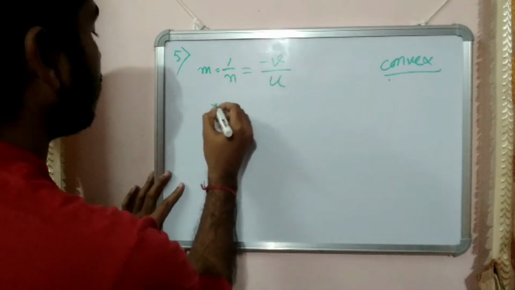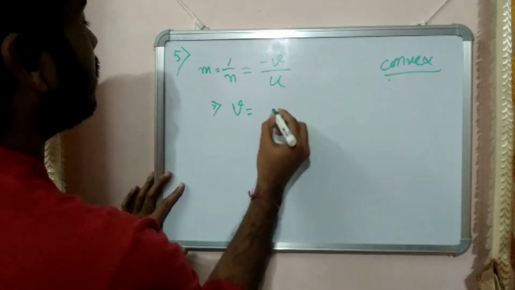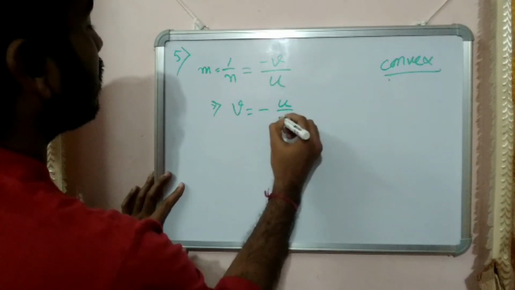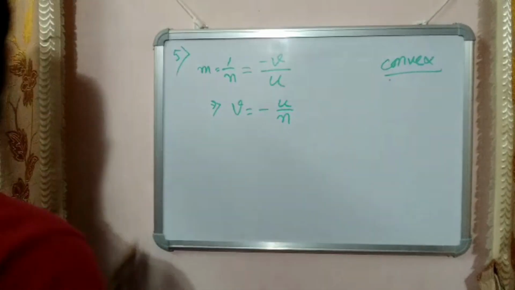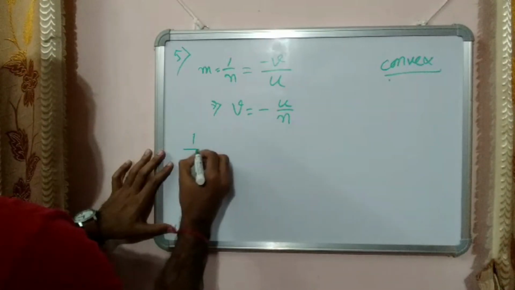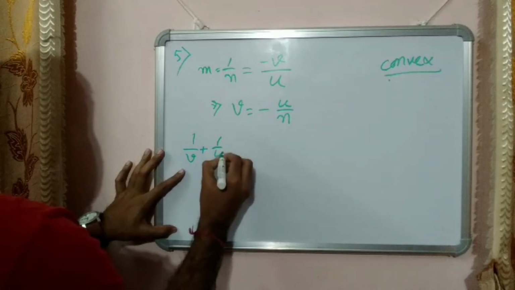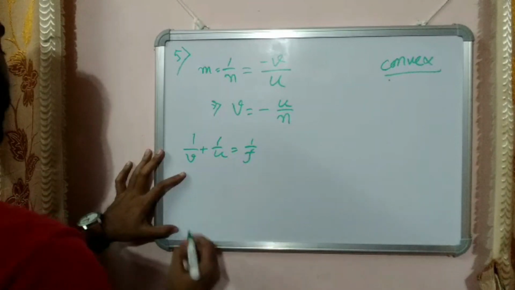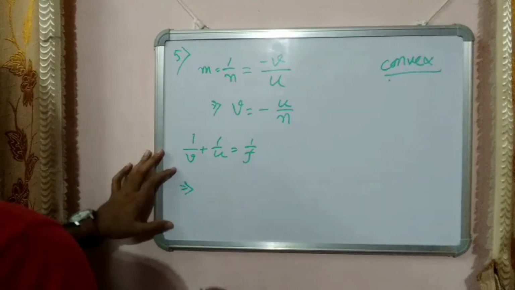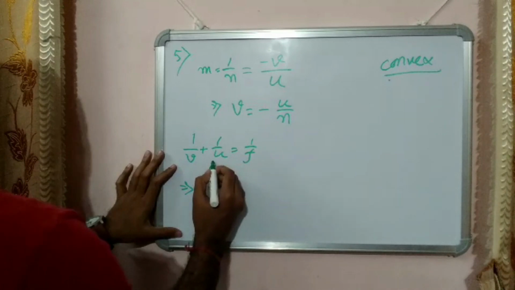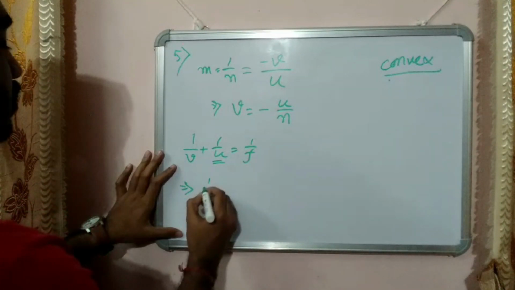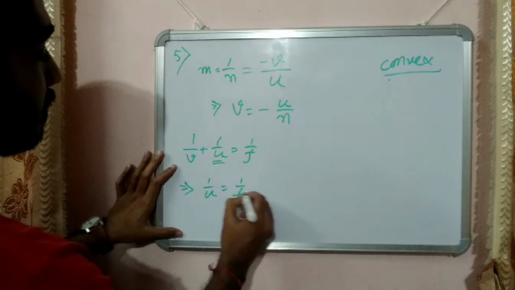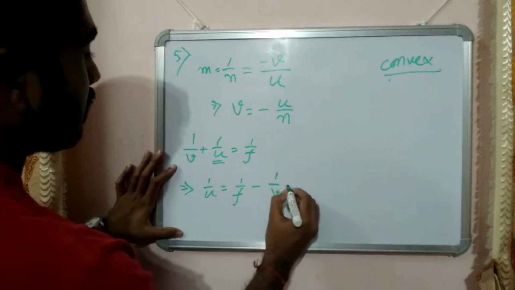So we can calculate V is equal to minus U by n. And what is the lensmaker formula? 1 by V plus 1 by U is equal to 1 by F. We have to calculate the object distance, that is U. So 1 by U is equal to 1 by F minus 1 by V.